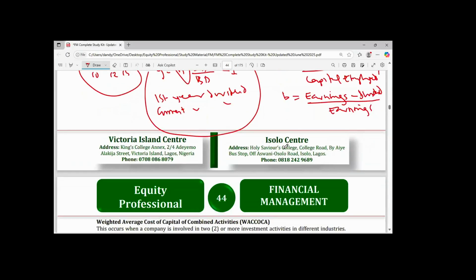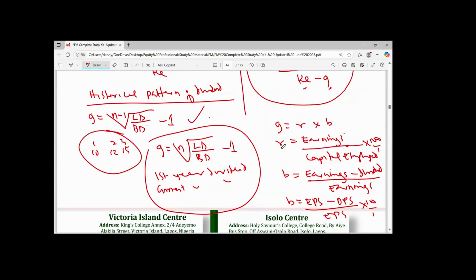You get your retention rate. Alternatively, you can say earnings per share minus dividend per share divided by earnings per share, or multiply by 100%. If you don't want to do it this way, you can say 1 minus dividend payout ratio. You are still saying the same thing and you get the same answer.